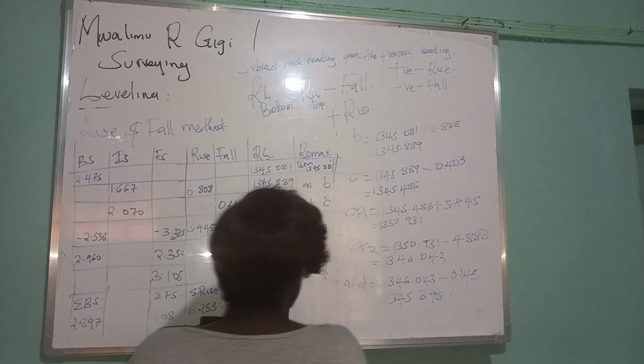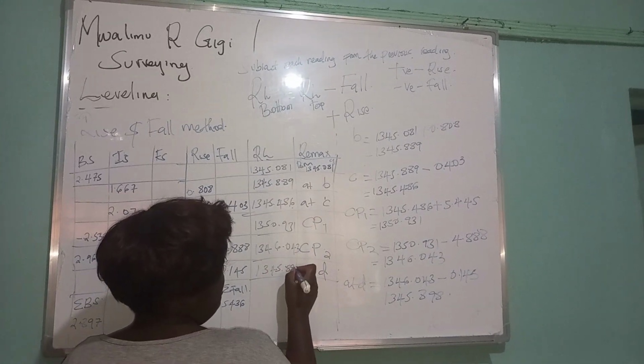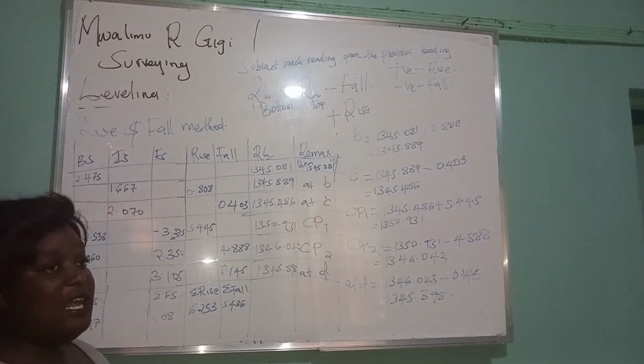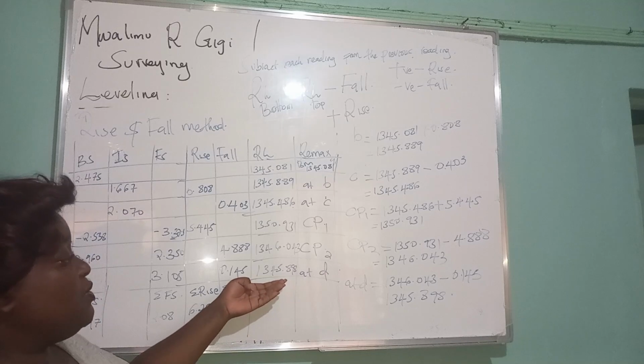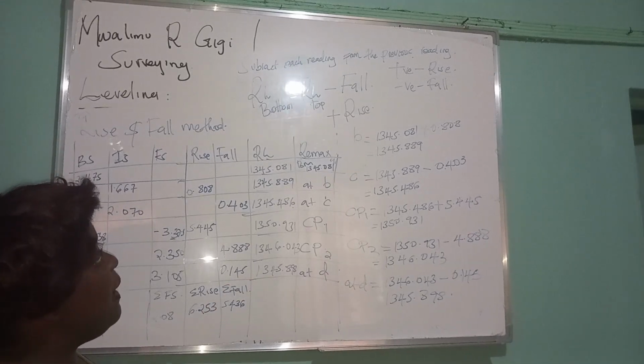So that is the reduced reading, 1345.898. So we have reduced our level using the rise and fall method.